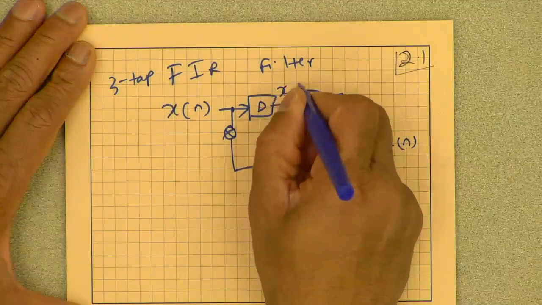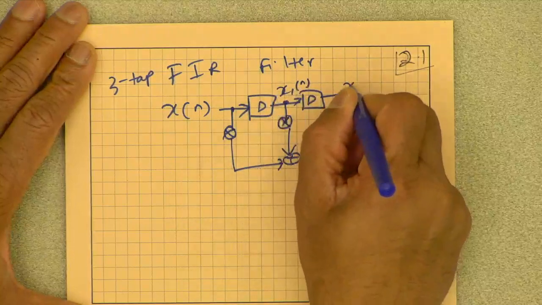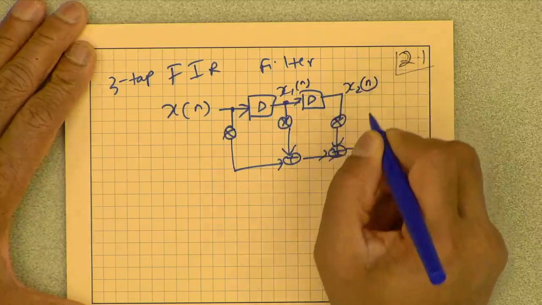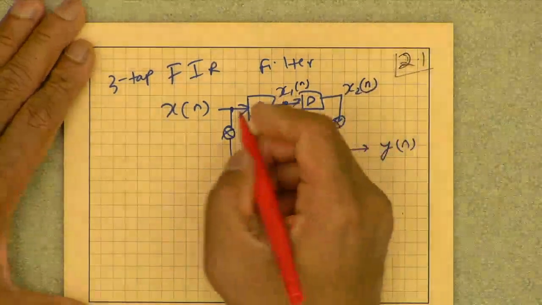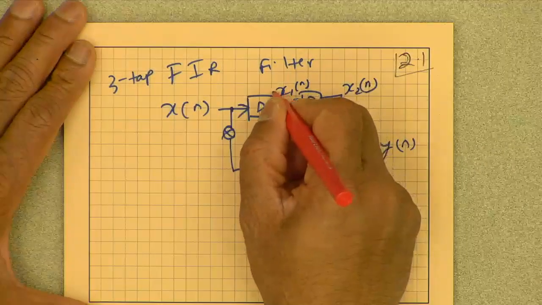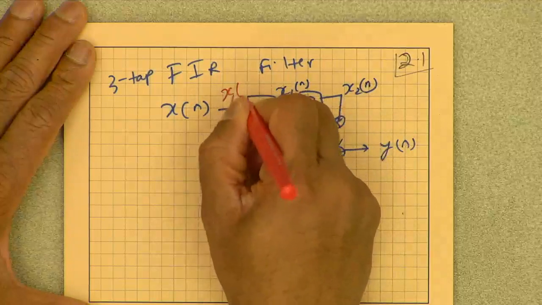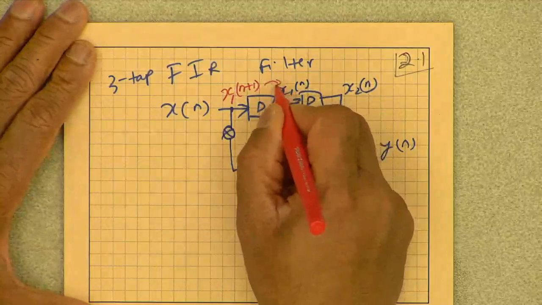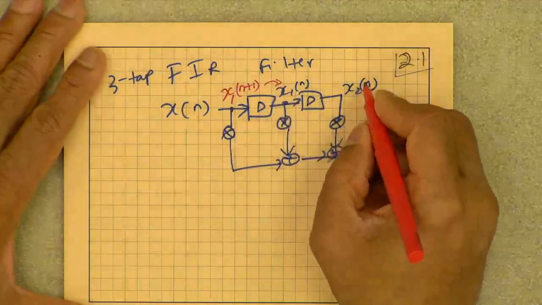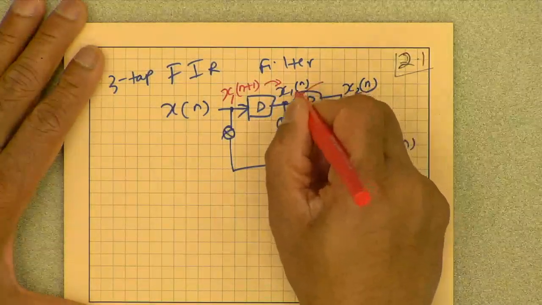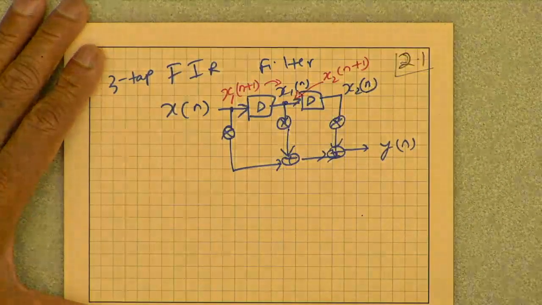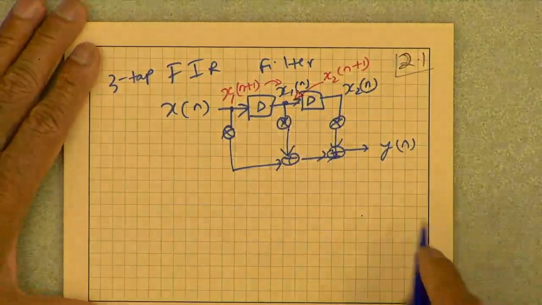So if I think of this as state x1 at time n, and the output of this flip-flop is state x2 at time n, then this is going to be the next state for x1, so x1 n plus 1 delayed leads to x1 n, and x2 n plus 1, so that means the input here should be the next state for x2, that's x2 n plus 1, and then the output y.